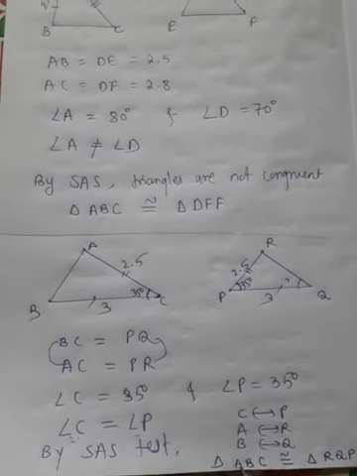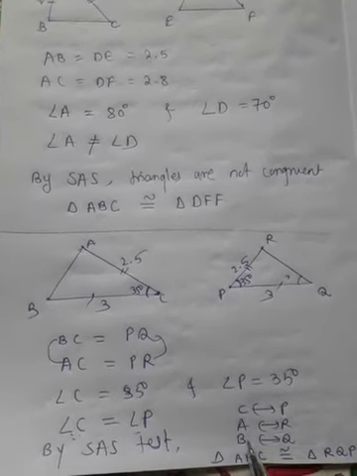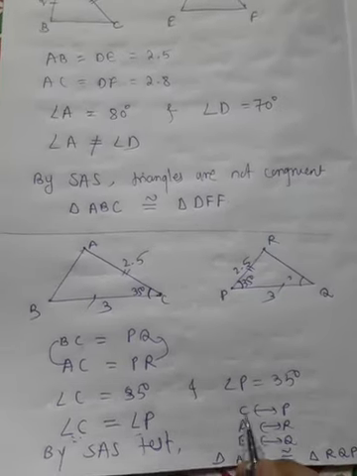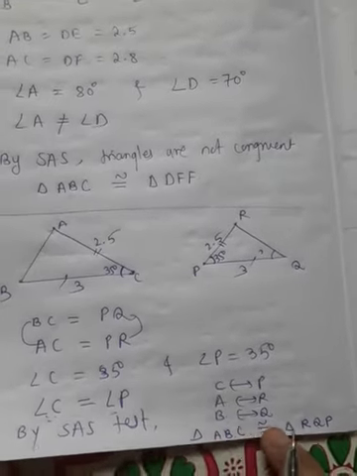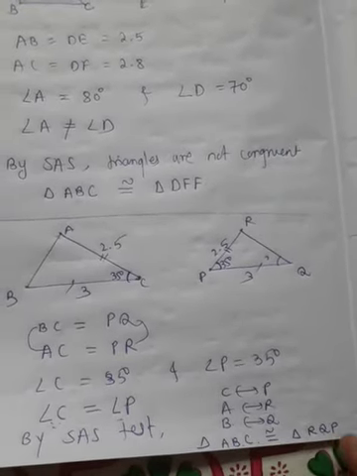See here, A corresponds to R, B corresponds to Q, and C corresponds to P. So here we have to write triangle ABC is congruent to triangle RQP.